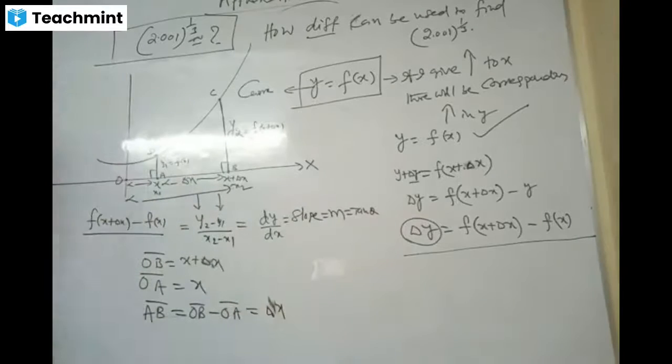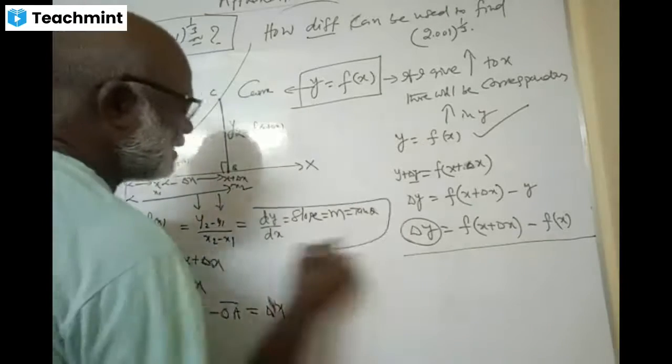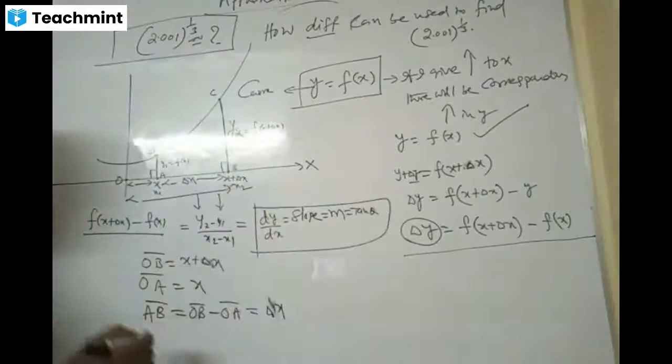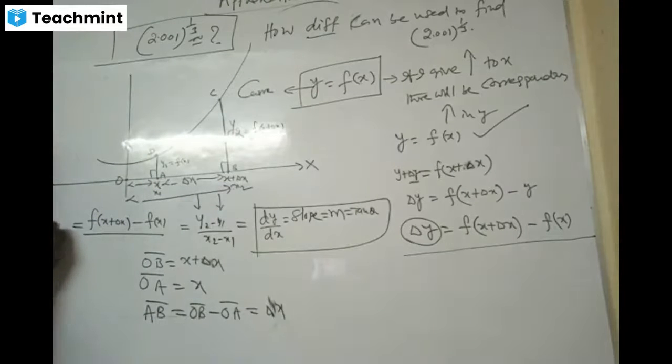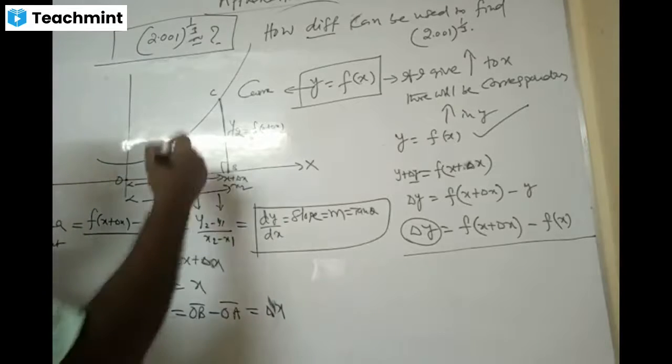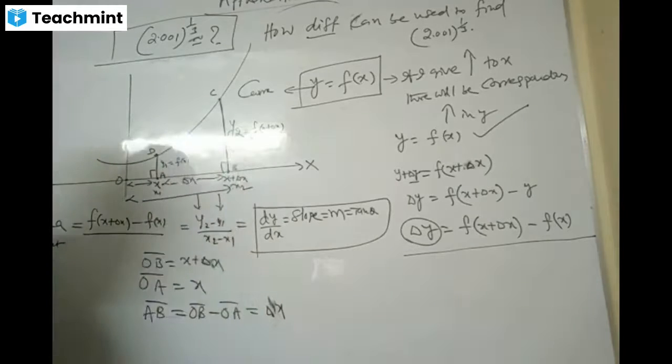Okay. Now, how do you represent this dy by dx in the graph? Please, the graph is nothing but dy by dx is nothing but slope of a tangent, my dear. Slope of a tangent. Slope of a tangent. So, friends, here, let us draw a tangent.